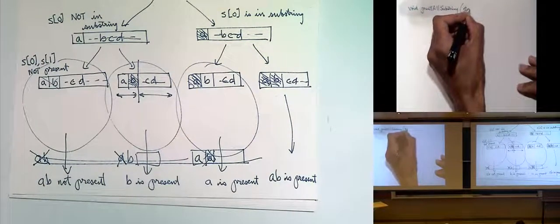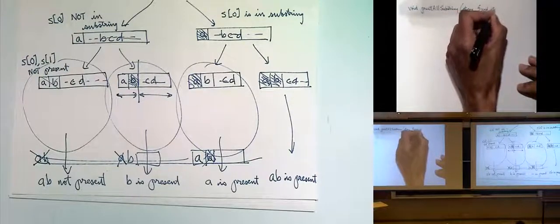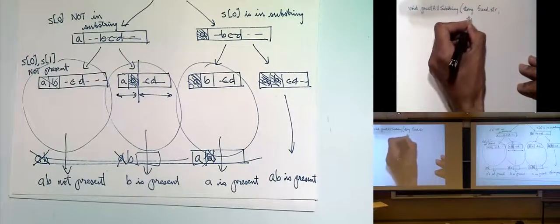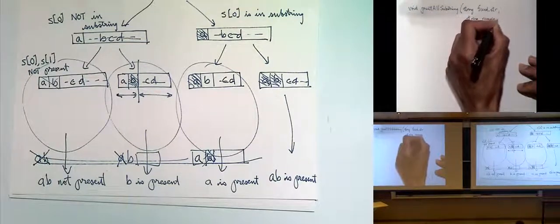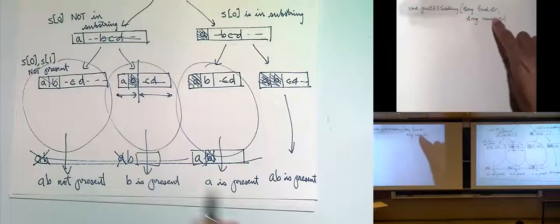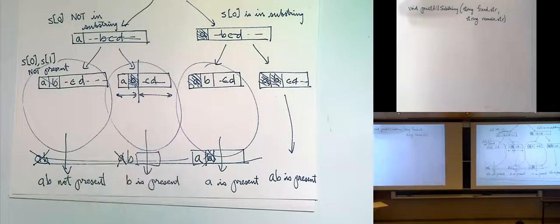I'm going to say the first argument is what I will call the fixed string. The second argument is the remain string. It's like what's fixed and what remains. So in what remains, we make choices. And in what's fixed, we don't make choices.